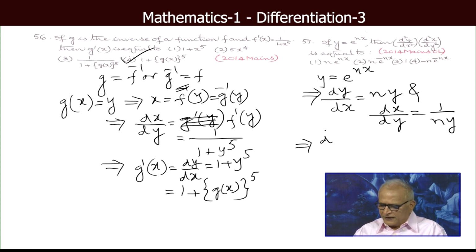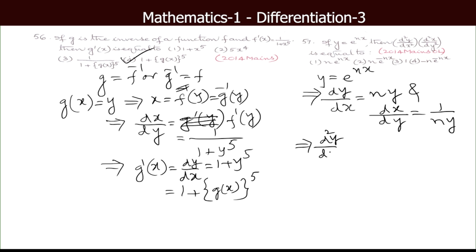What is d square y by dx square? n times dy dx. dy dx is n y, so n square y. And d square x dy square: derivative of 1 by n y with respect to y is minus 1 by n y square.